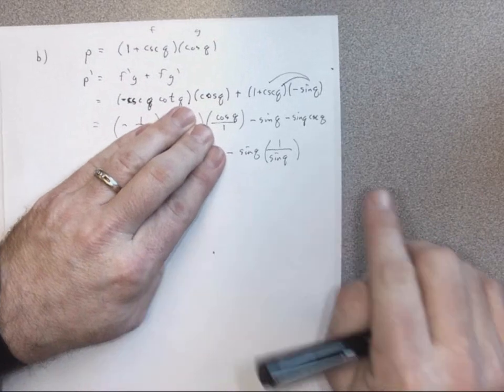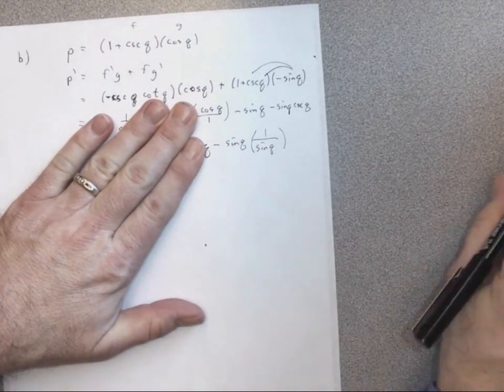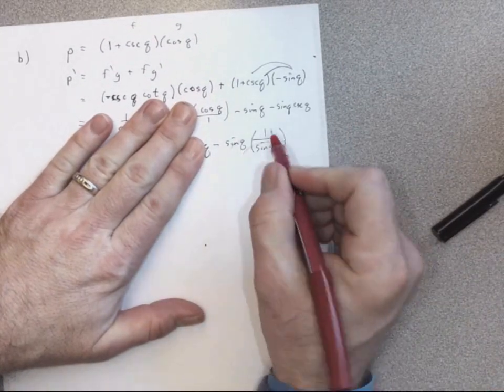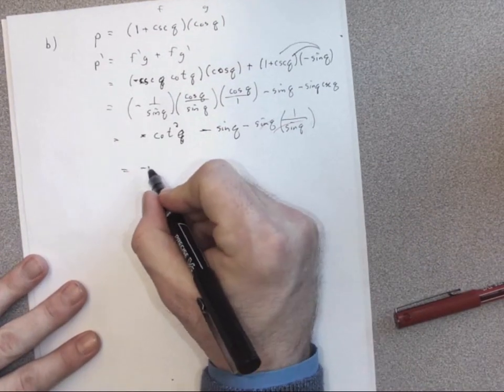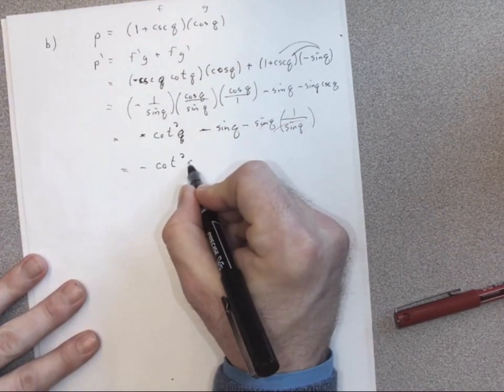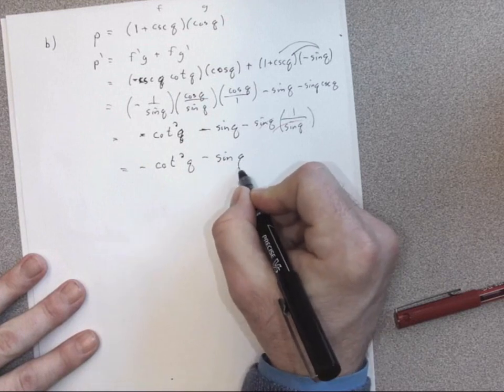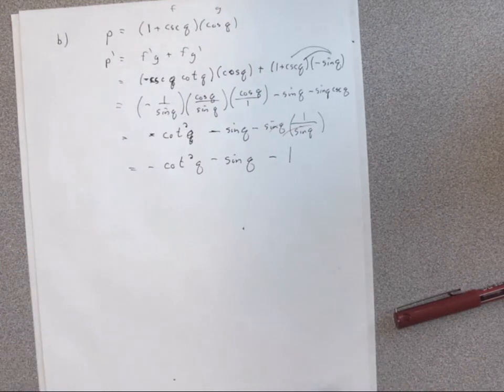So these will cancel, and this just becomes minus 1. So this is going to be minus the cotangent squared of q minus the sine of q minus 1. Unfortunately this section is you're going to practice your trig identities. It's just what it is. As we go through it, you'll get good at it.